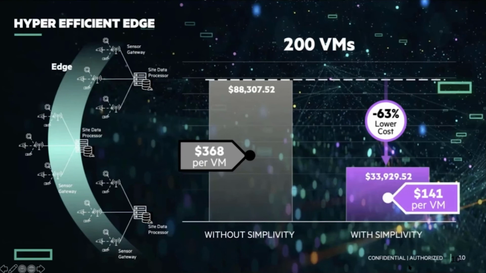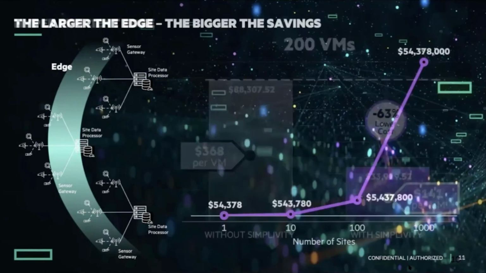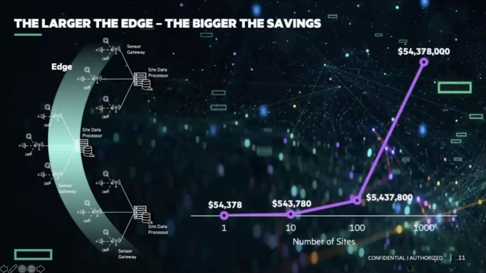In this particular use case, a customer was spending $368 per VM, and that cost has been reduced to $141 per VM. But from a whole Simplicity infrastructure perspective, you are typically seeing about $54,000 savings per edge site. Now think about when you have multiple edge sites, wherein the savings just grow exponentially.